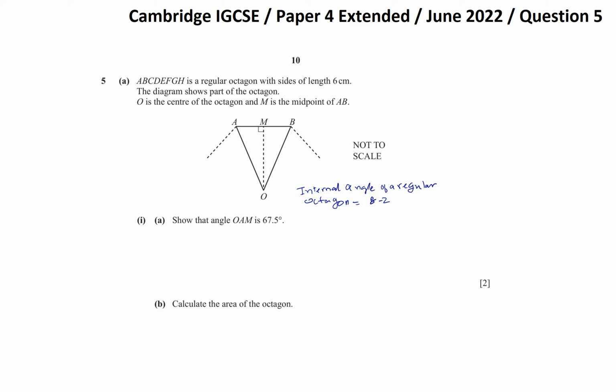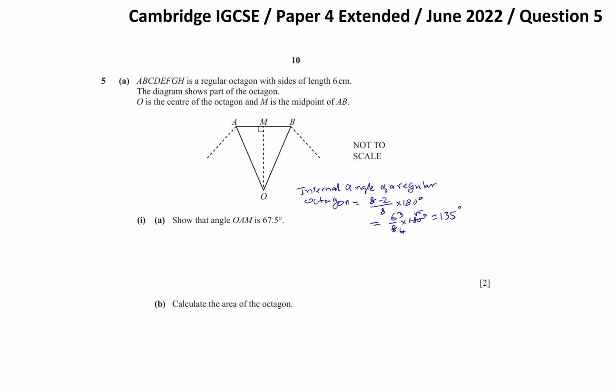So 8 minus 2 over 8 times 180 degrees, and that is 6 over 8 times 180 degrees. So that's 2 times 3 is 6, 2 times 4 is 8, 4 times 45, we get 135 degrees.